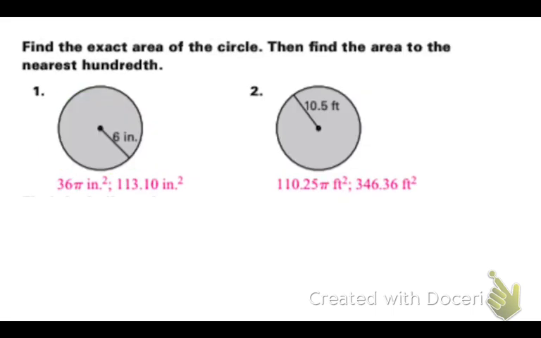Okay, exact area of the circle. Area of a circle. They're asking for it two ways. So the exact area of the circle, we know that the area of a circle is pi r squared.